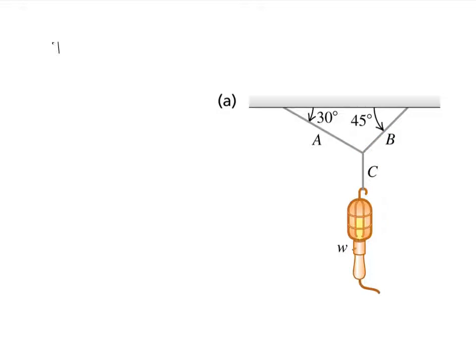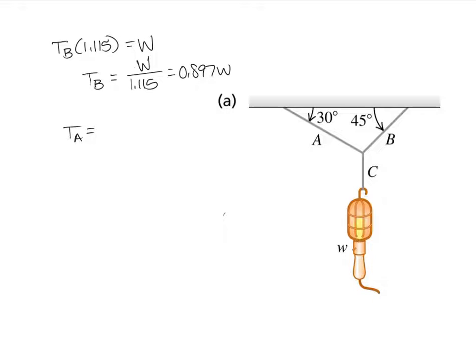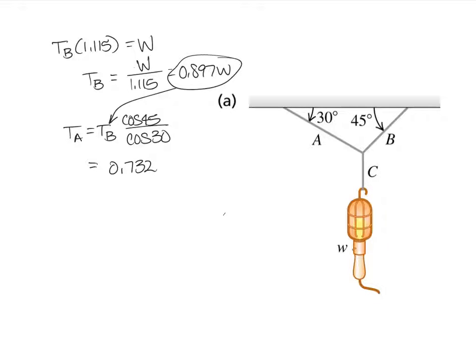So I have T sub B times 1.115 is equal to W. So T sub B is equal to W over that number, and that can be written as 0.897 W. Now, T sub A, remember, is T sub B times the cosine of 45 over the cosine of 30. So I can take this value and substitute it in here to find T sub A. T sub A turns out to be 0.732 W.